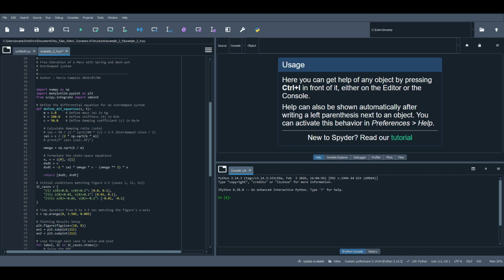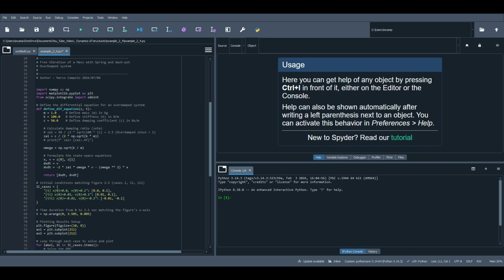In lines 54 and 56, xv is equal to z0 and z1, which represent the current displacement at time 0 and the velocity at time 0. dx dt is equal to the velocity, and dv dt represents the acceleration.